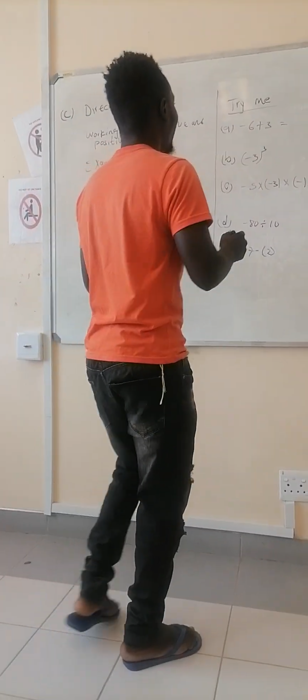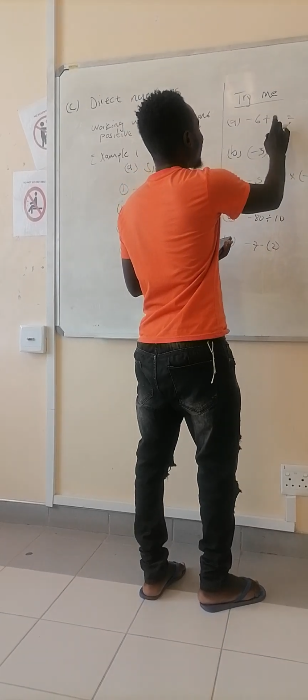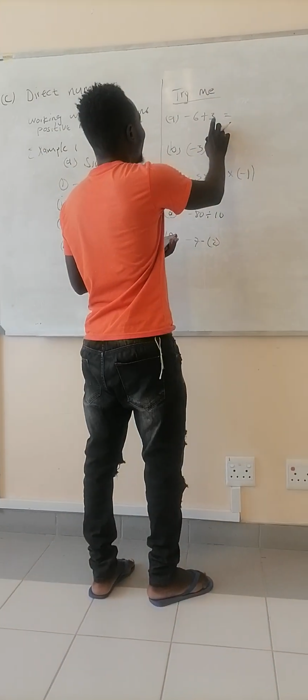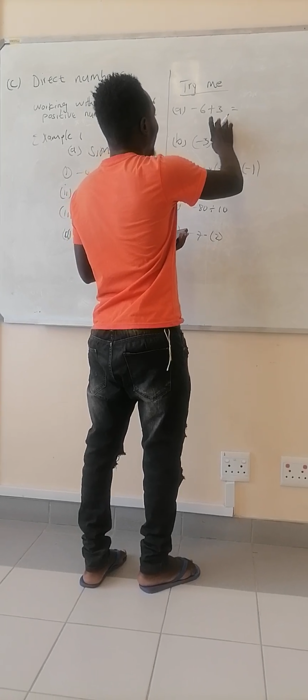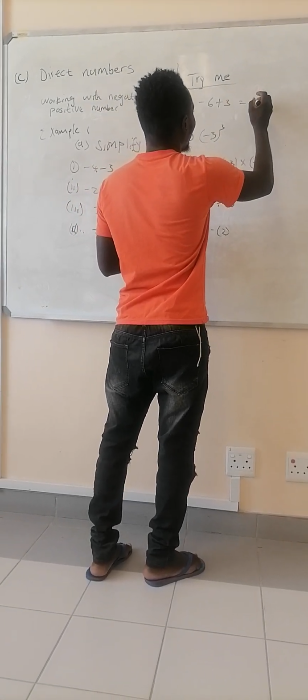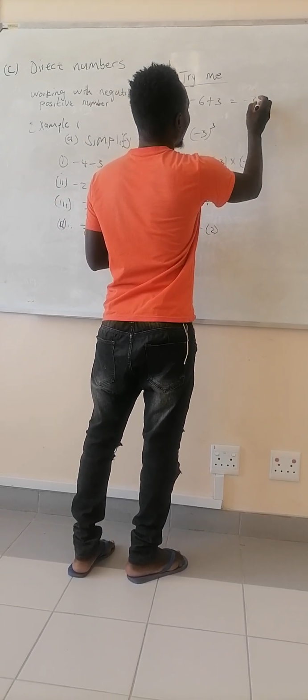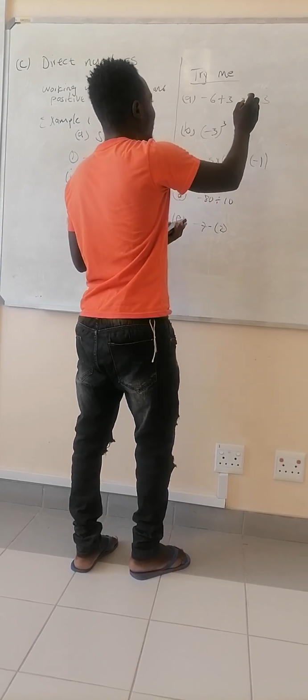So let's say we have negative 6 plus 3. So negative 6 plus 3 is equal to negative 3. How did you get it?